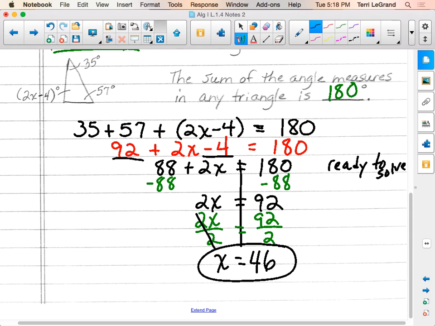We know that if we double 46, because we just divided 92 by 2 to get it, we're going to get 92. So 2 times 46 is 92. Take away 4 is 88 degrees.